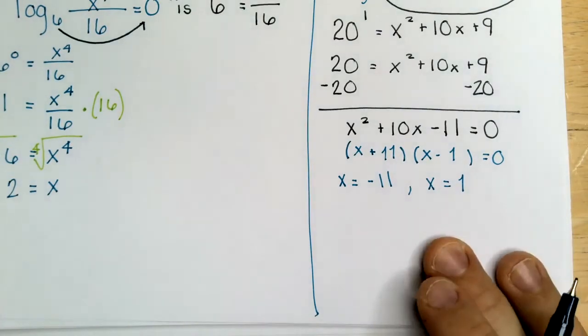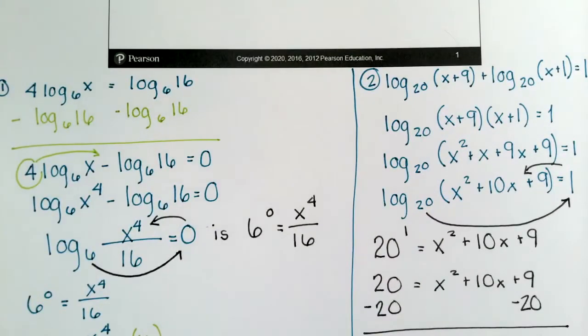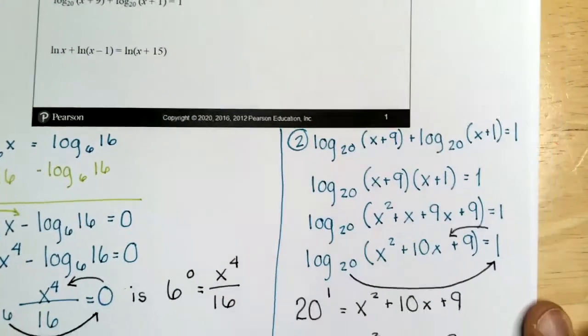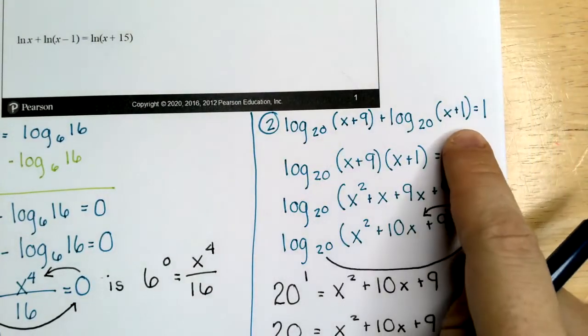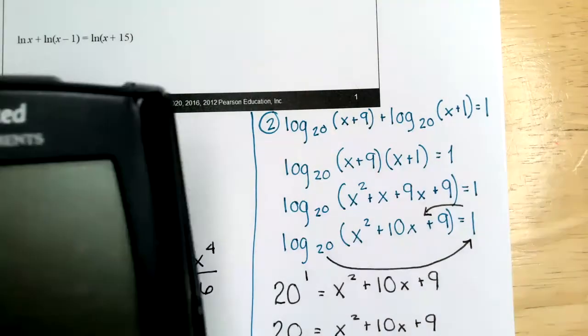We'll check them in our original equation. So we have a negative 11.